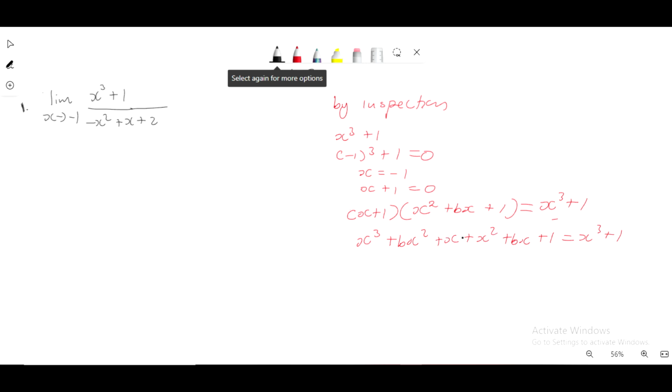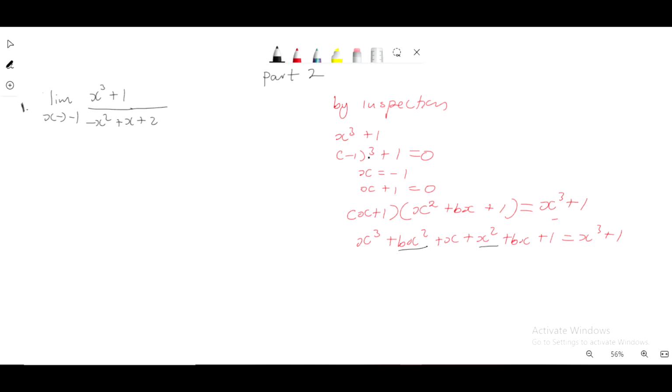If I pick the one that has x exponent 1, I must pick the one that has x exponent 1. So here, let's just do this quick. Let me pick the ones that have x squared, right? So if I take this one, I must take this one as well, right? From the left hand side.